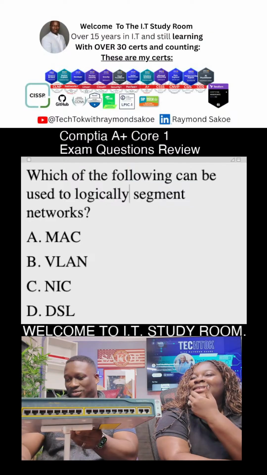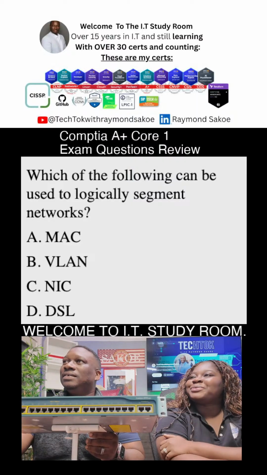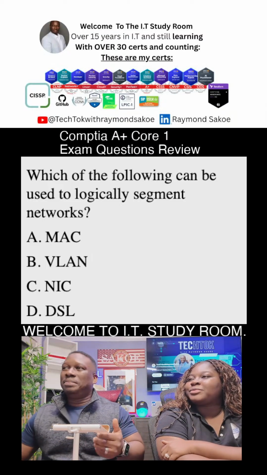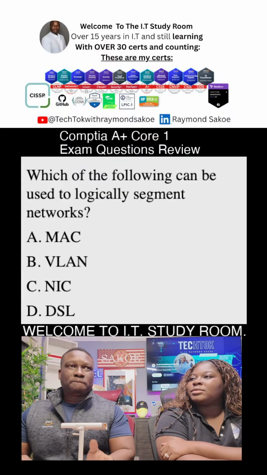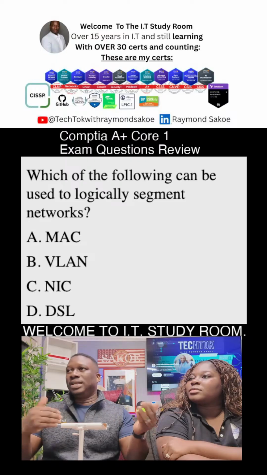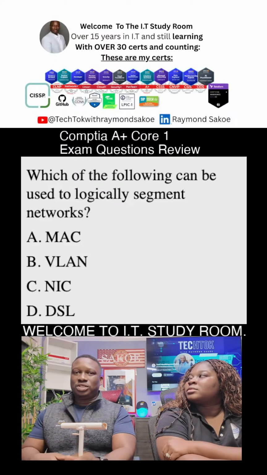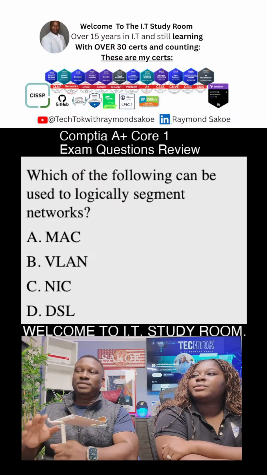I hope that makes sense. I know it's sometimes a little confusing, especially for beginners, but that is it. By default, devices connected to the same switch will communicate with each other unless you implement VLAN, which will logically separate or segment the devices.